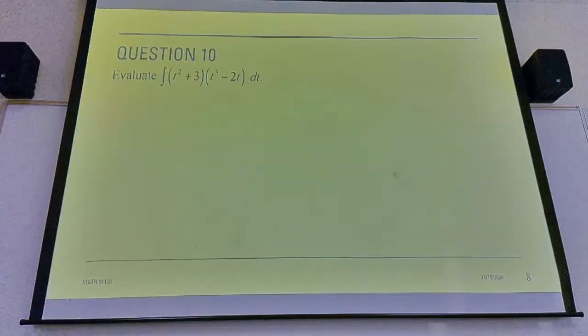How are we going to do this one? Oh, we don't have product rules, so why don't we just multiply those two things together? Yeah, we got to FOIL it.